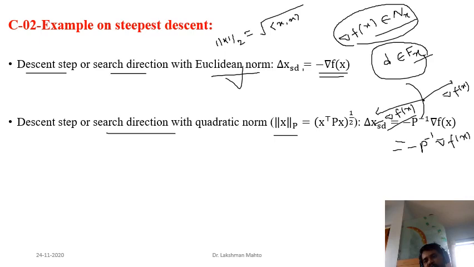That means the fastest descent happens in this direction with respect to this norm. Remember that the norm has now changed. It is no more the Euclidean norm. We observe here a general quadratic norm, defined by this matrix. One condition we put on the matrix P is that it must be a positive definite matrix.